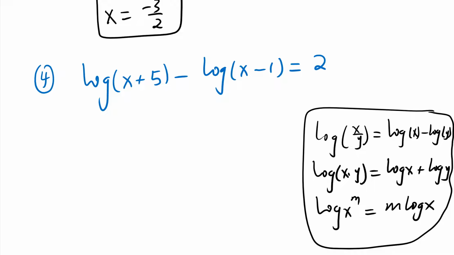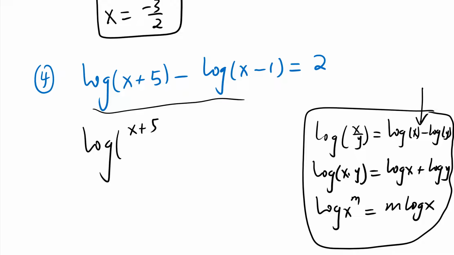Good to know, very important. So here, this looks like this one, but backwards, we can go backwards to make it one log. We can divide it. Notice there's no base here, which automatically means base 10.